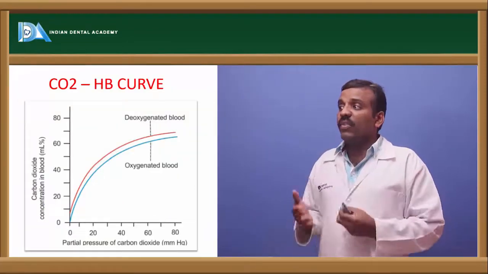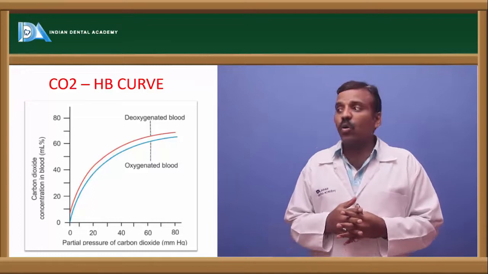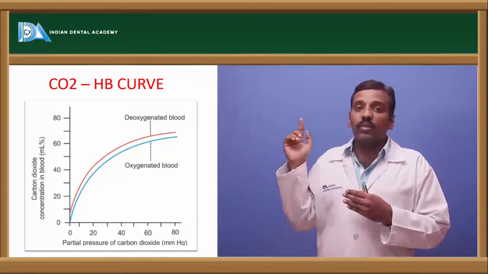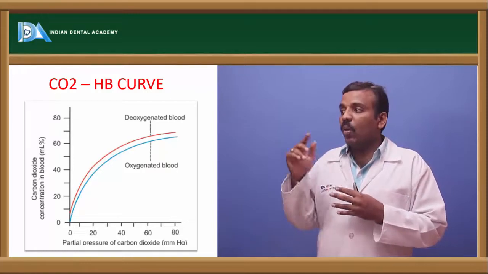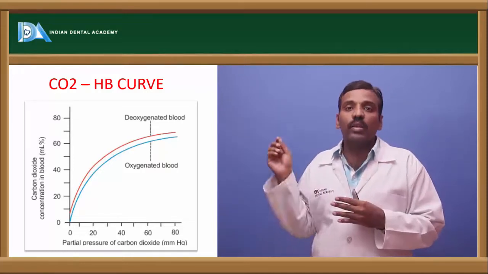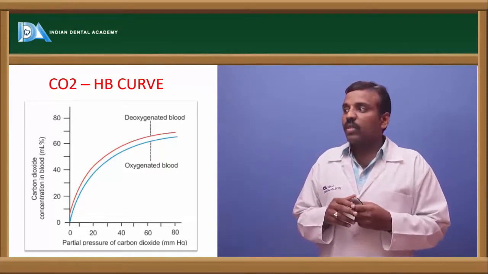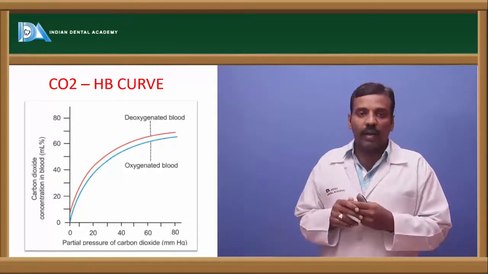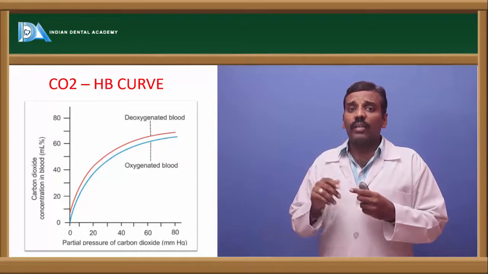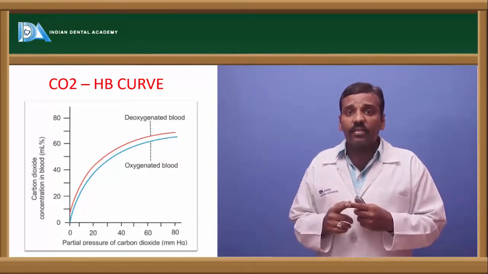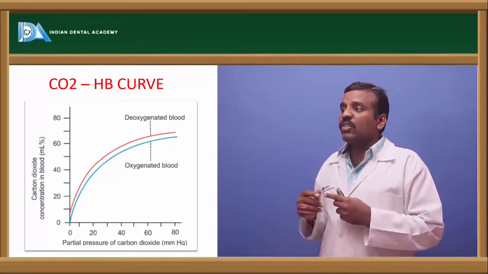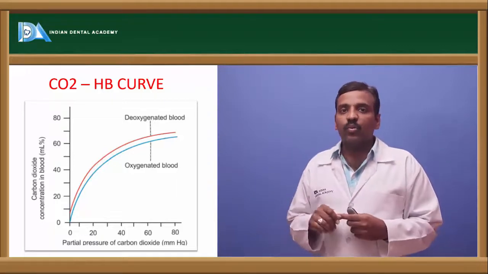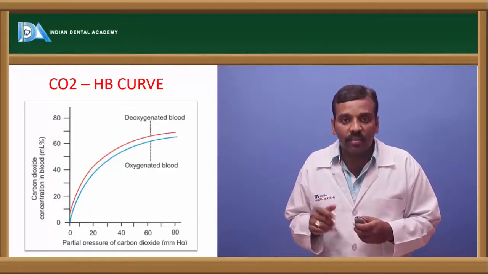And if you see the carbon dioxide hemoglobin curve, deoxygenated blood is shown in red and oxygenated blood is shown in blue. The carbon dioxide concentration in the blood is plotted on the y-axis and the partial pressure of carbon dioxide is plotted on the x-axis, so we get a graph like this.